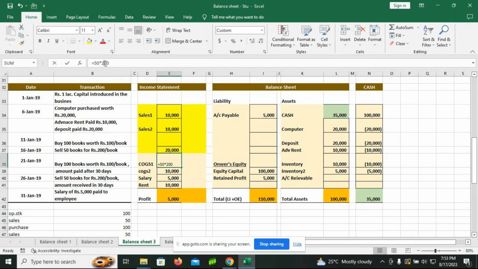Okay, sorry. Here it is 100, and here also COGS is 100. Still something somewhere is going wrong.